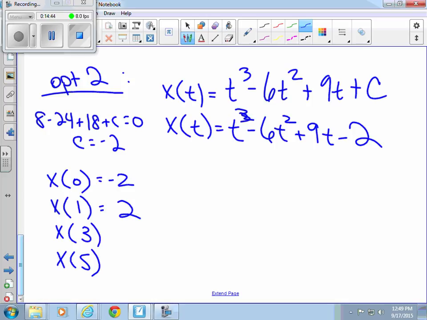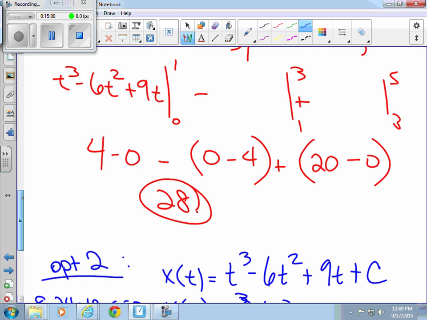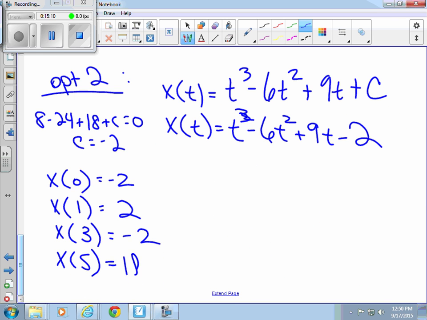You do x at 5. Make it go faster. 4, 2. It's 28 before, so it's going to be 26. Right? It was 20 before, so it's going to be 18. Yep.